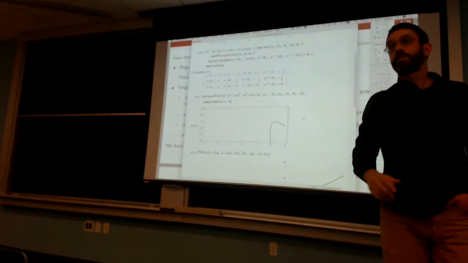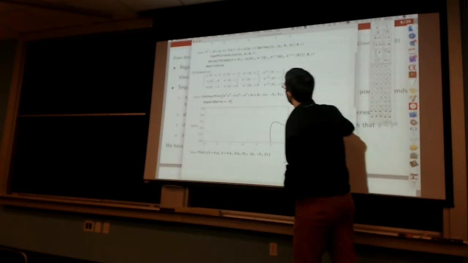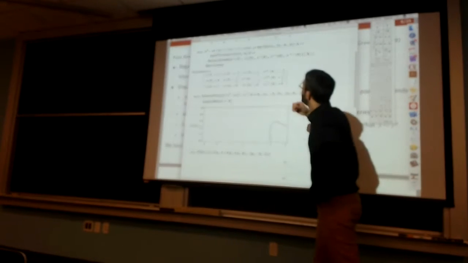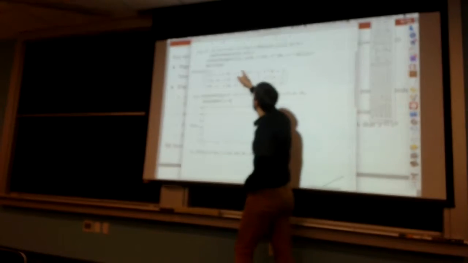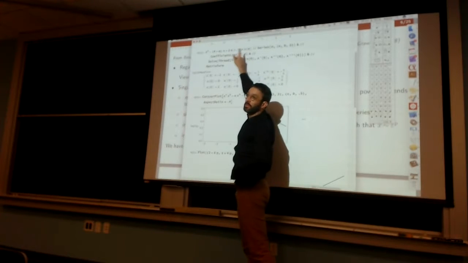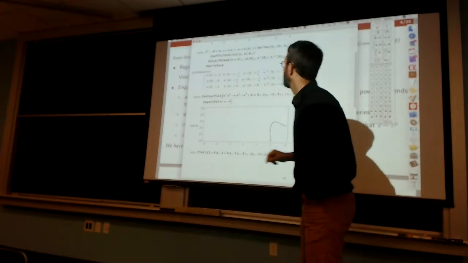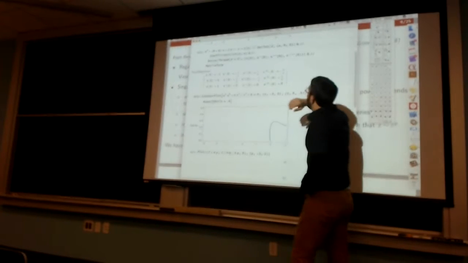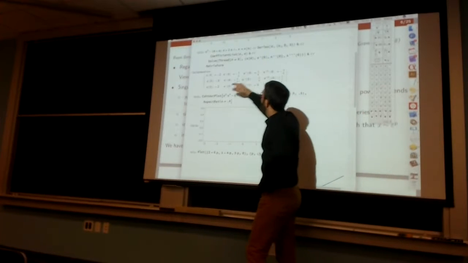I use the Taylor series for x, and then I group the terms by powers of epsilon. For every equation, I solve with respect to the unknowns, which are the derivatives of x at the origin. So I turn this equation into a list of equations for my derivatives, and then I can solve.